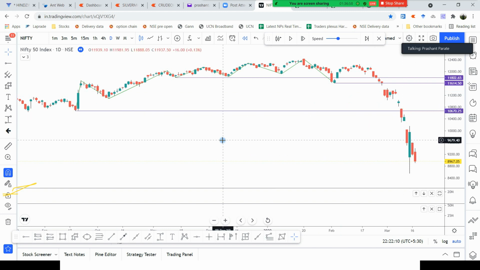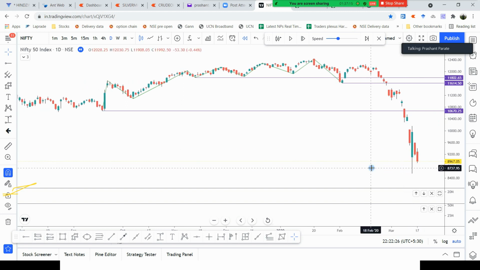Then this support is broken, they start panicking, and when there is a big gap down, they start selling in panic. And here comes the market maker who knows that this is a very good value area, and he can buy at this place. So this is the first place where value investors have started buying, and retailers have started selling here.